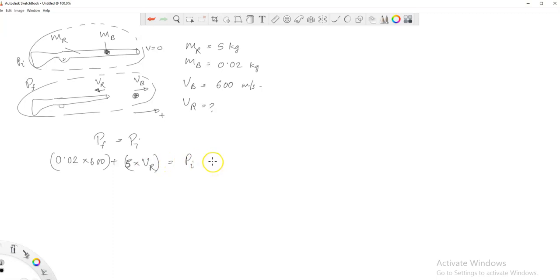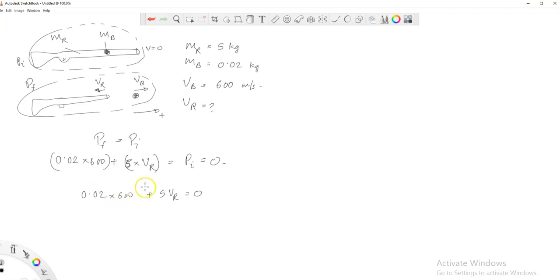Now what is the initial momentum? The bullet was just sitting inside the rifle, it wasn't moving. The rifle wasn't moving either. So the mass of this thing is the total of both, but the velocity is 0, which means the momentum is 0. So now we have 0.02 times 600 plus 5 times VR equals 0.